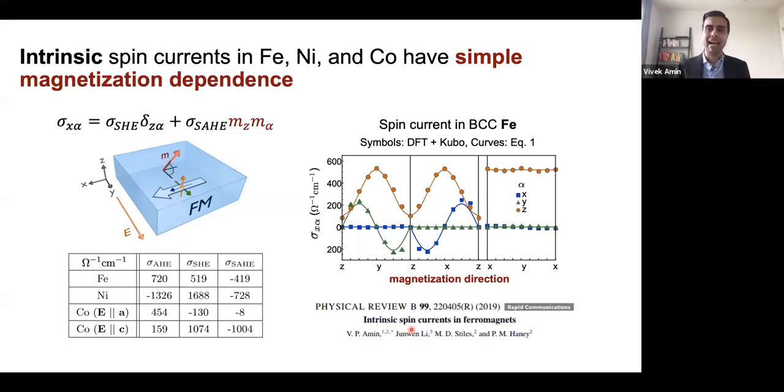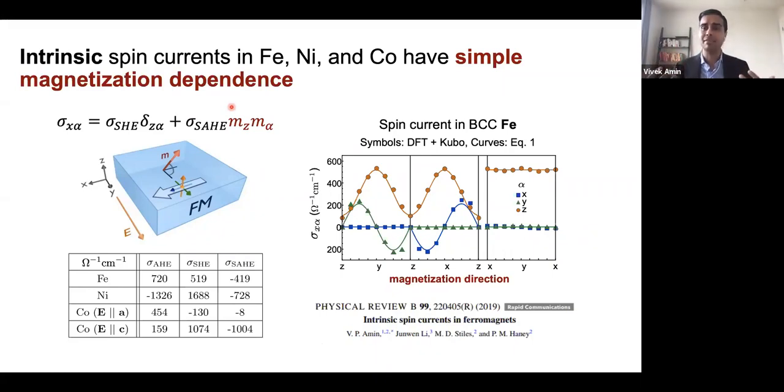But as it turns out, we can fit the data to something which looks very much like two parts, a part that behaves like the ordinary spin Hall effect, independent of the magnetization, and a part which for historical reasons we'll call the spin anomalous Hall effect, which looks like the anomalous Hall effect as if it was spin polarized along the direction of the magnetization.